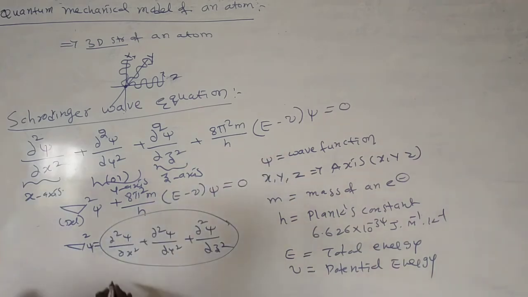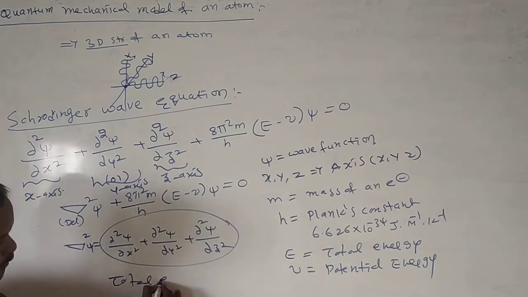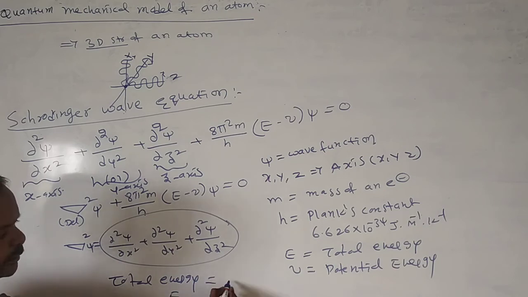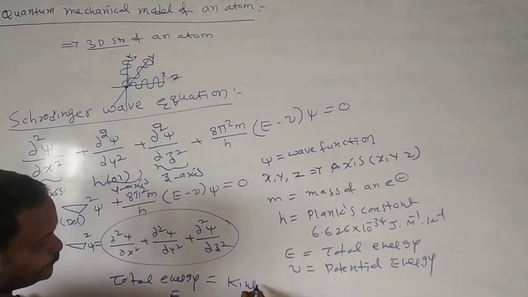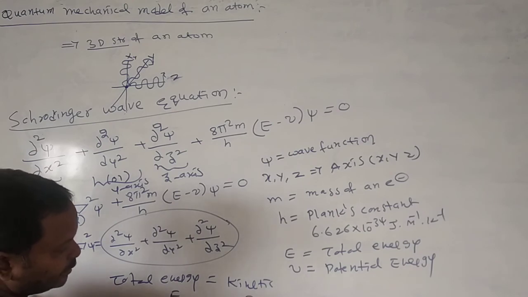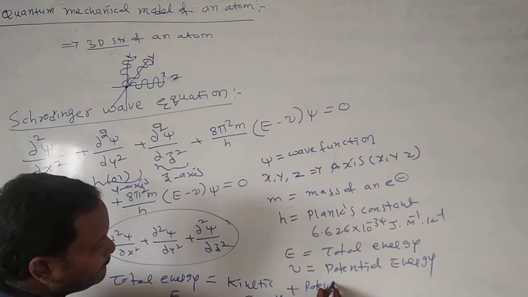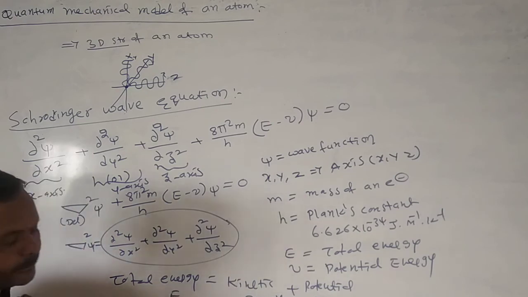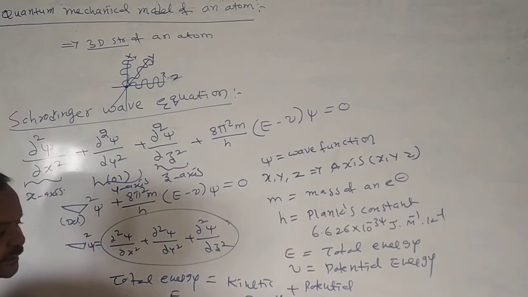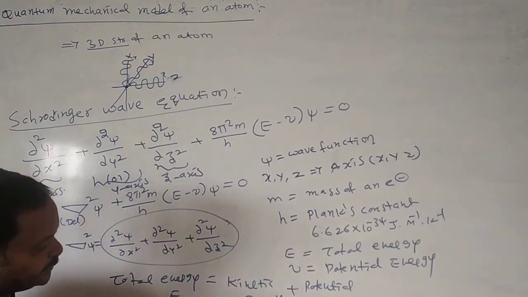Total energy of an electron is kinetic energy plus potential energy. Potential energy is measured with mgh, and kinetic energy with half mv square.